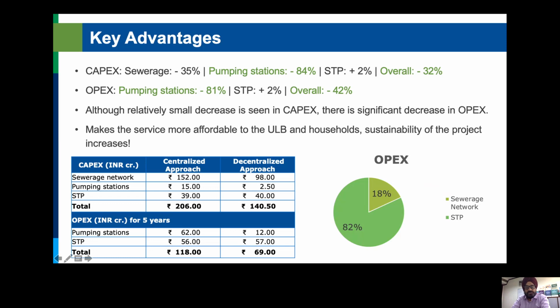And this decentralized approach, I'm not saying DEWATs alone, it's also decentralized STPs of smaller capacity. Their pumping and transference cost will be much less, because we know in Port Blair, the cost of 1 unit of electricity last year in 2019 was 28 rupees per unit, because they do it based on diesel.